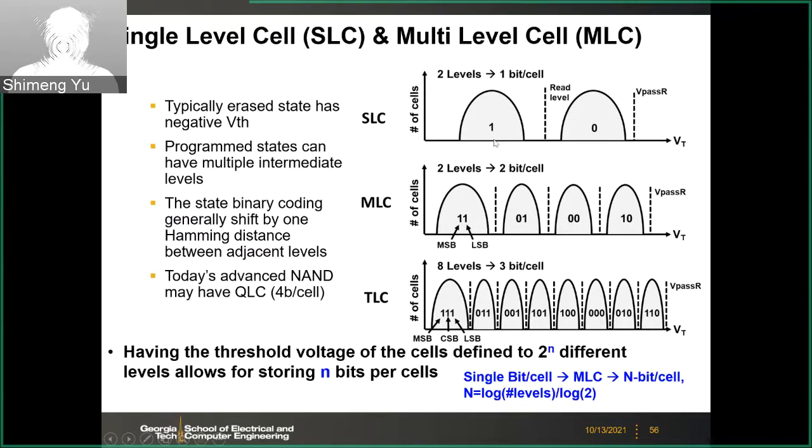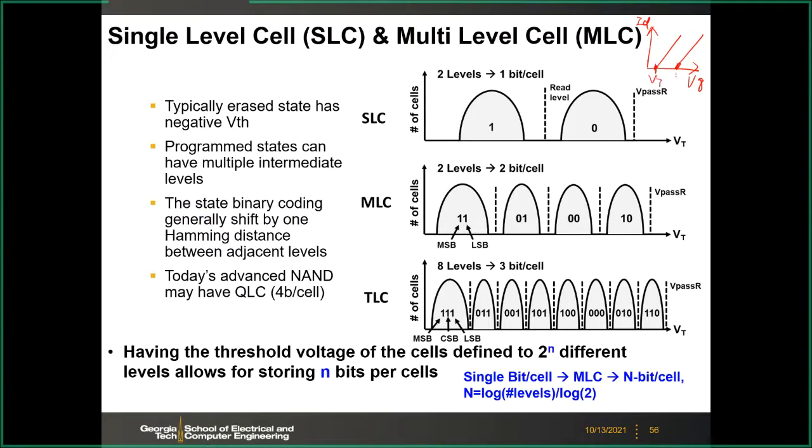One is for the lower threshold voltage, for the one state, the erased state, and the other one is in the program state. If you recall the ID-VG curve we showed before, you have two threshold voltages.